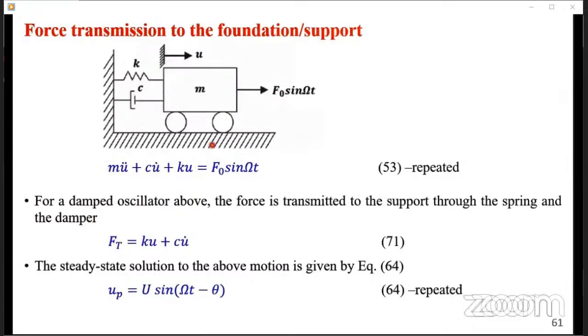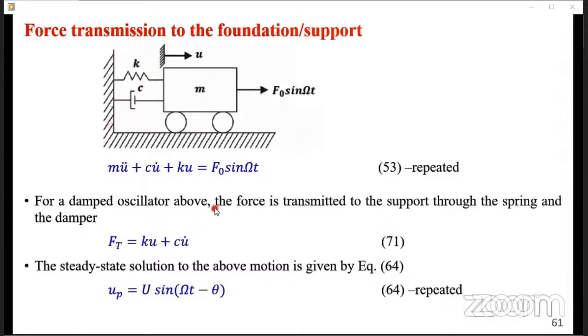Now, for a damped oscillator above, so this one we are calling an oscillator. It's moving to and fro, so it's an oscillation. So a dynamic system, we are calling it an oscillator. So for a damped oscillator above, the force transmitted to the support, remember the support is here, where the spring and the dashpot are fixed. This is now where we are saying this is the support.